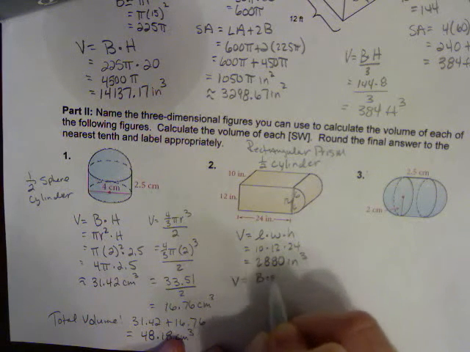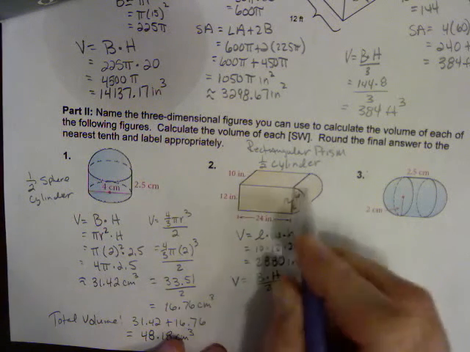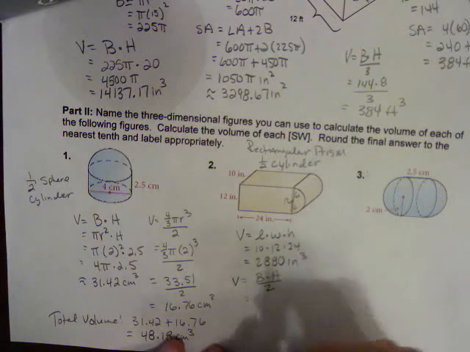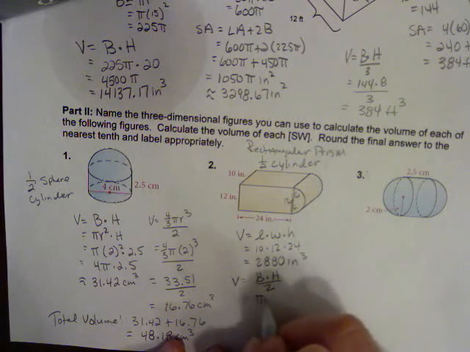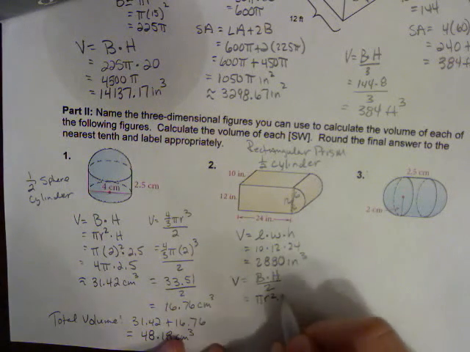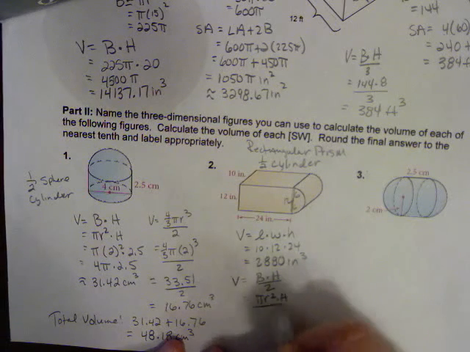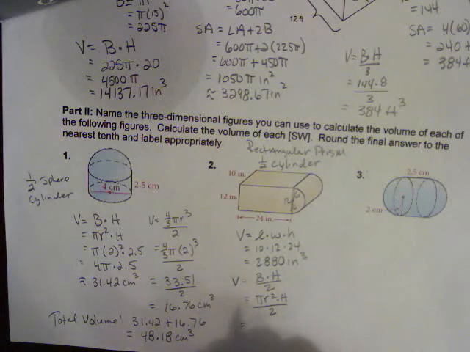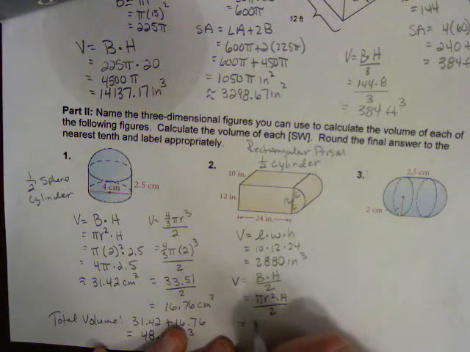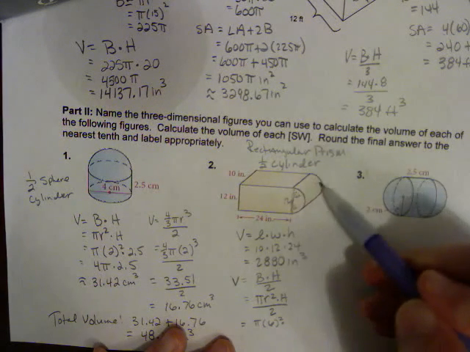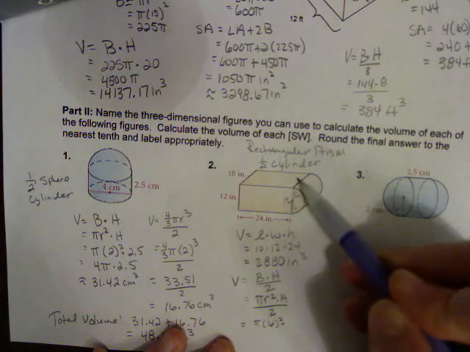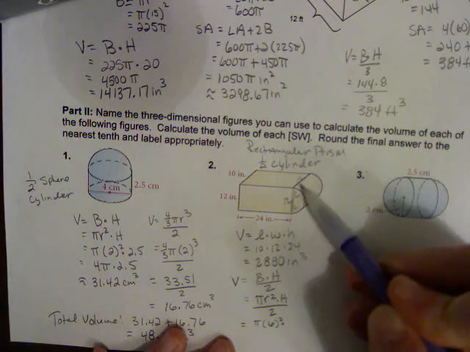And the cylinder is going to be area of the base times height divided by 2, because we're only using half of the cylinder. The area of the base is pi r squared times the height divided by 2. The radius is 6, so 6 squared times the height. Height between the bases is 10, because this side is 10.